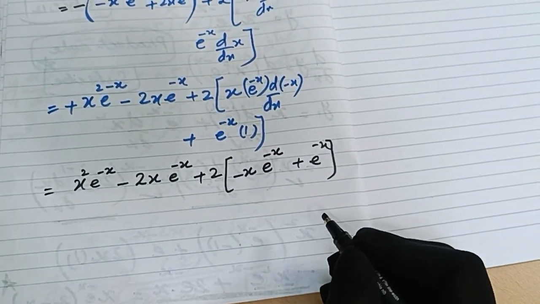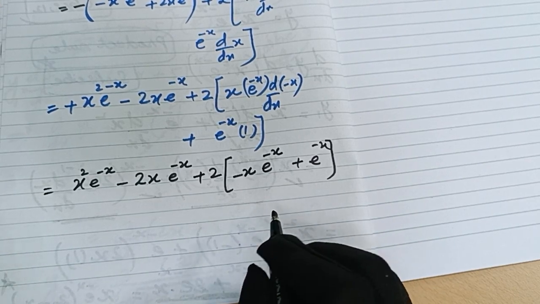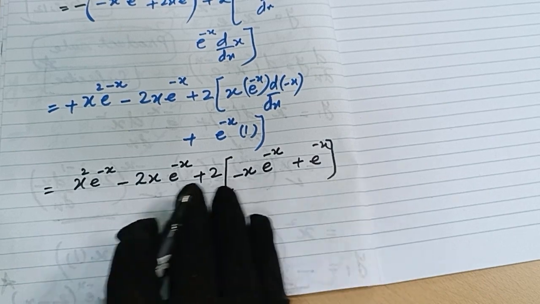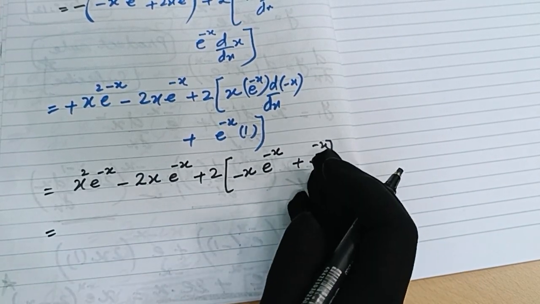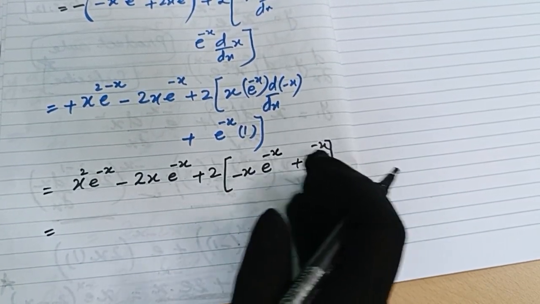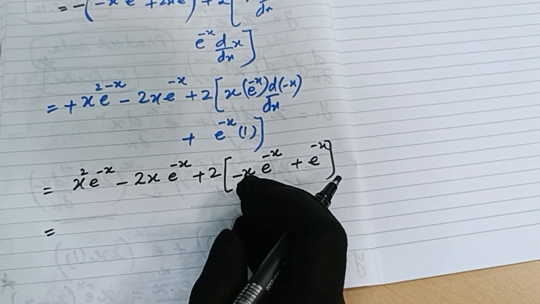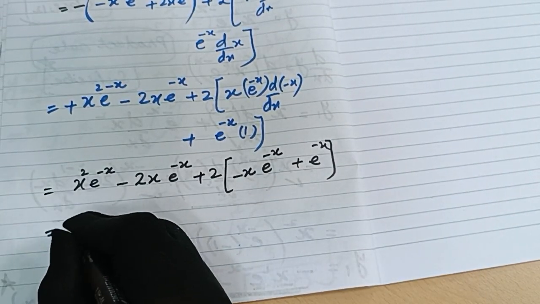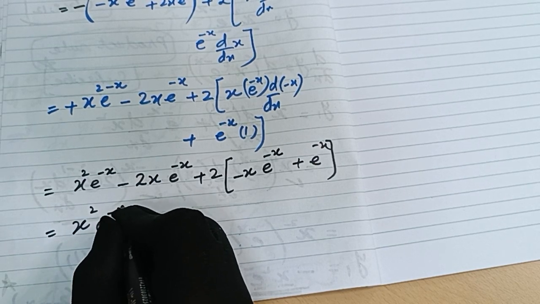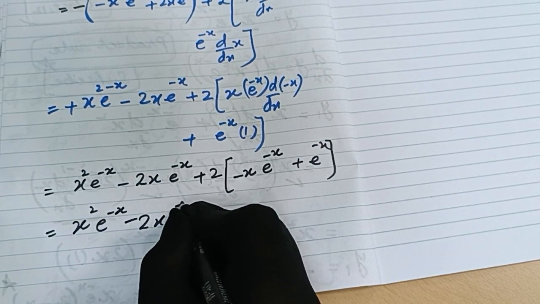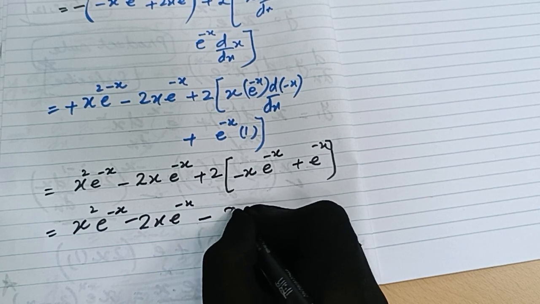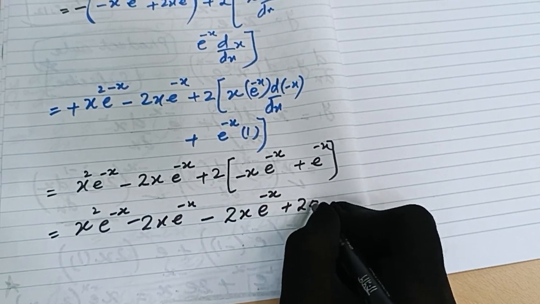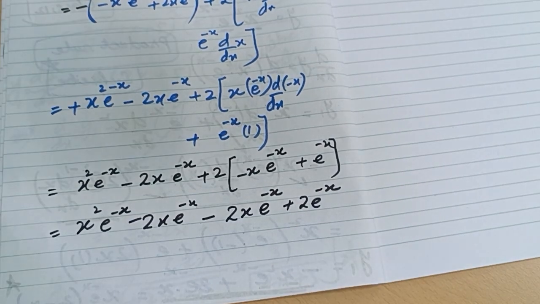Before opening the bracket, if you can keep your concept okay, and if you keep the terms well in place, you can continue as it is. Otherwise, change the place of these terms, make positive term first, negative term second, then open with the coefficient 2. X square e power minus x minus 2x e power minus x, minus 2x e power minus x plus 2 e power minus x.